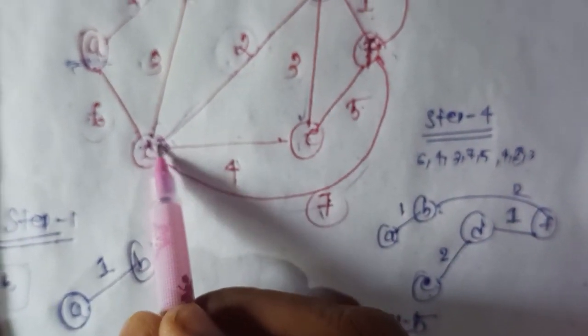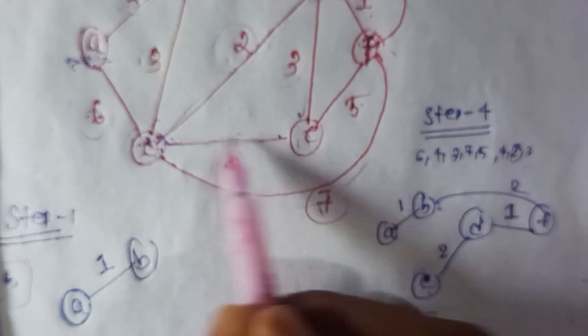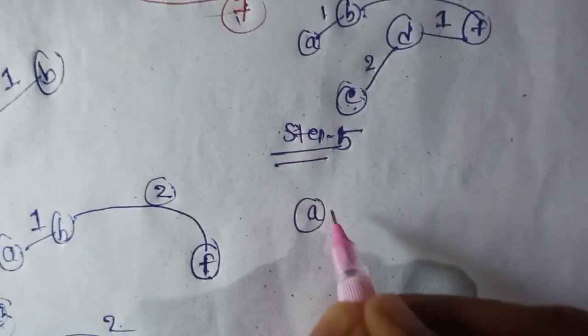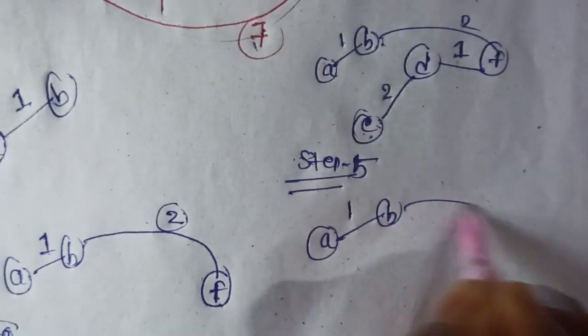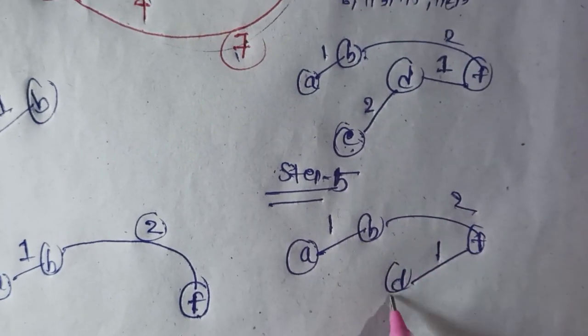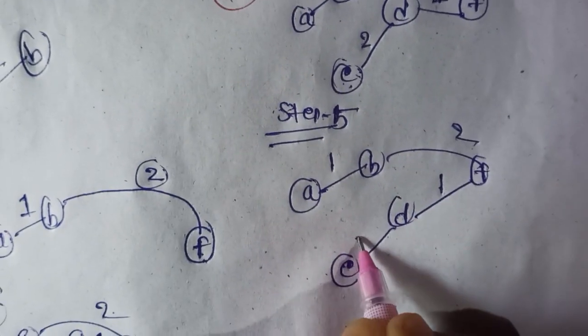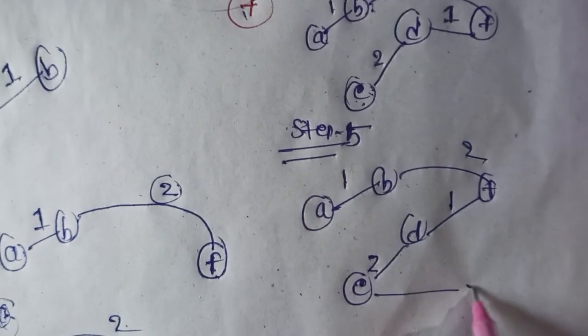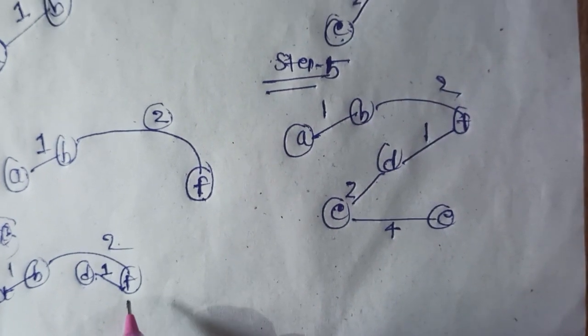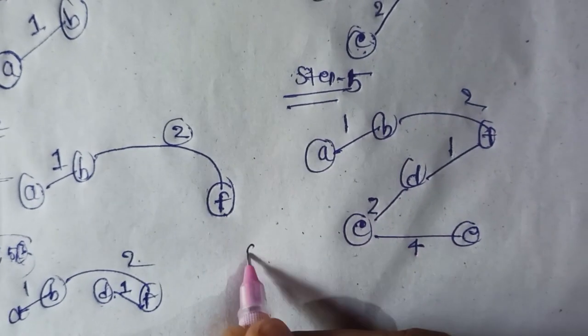So from C, the minimum we can choose is C to E. Okay, C to E. So simply draw A to B 1, B to F 2, F to D 1, D to C 2, C to E 4. Okay, clear? Then we go to step number 5.